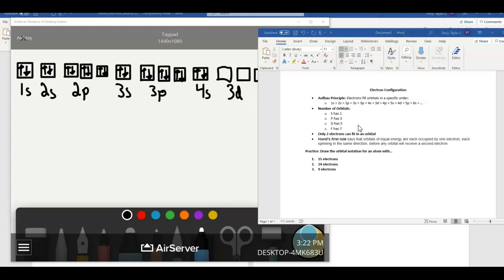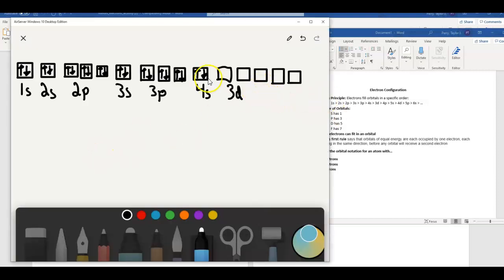My boxes are not great. Yours will be better. Sorry. Yeah, these aren't great boxes, but that's okay. This represents my 5 orbitals that are in my d subshell. Okay, and we only have 4 more arrows, so we're going to go 1, 2.